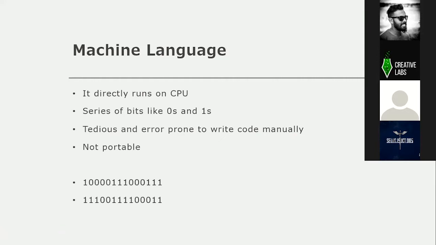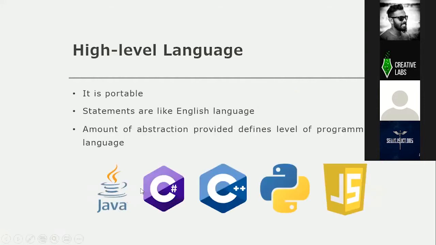He no longer needs to worry about these ones and zeros, because that is an abstraction. That was the feature introduced in the high level language.